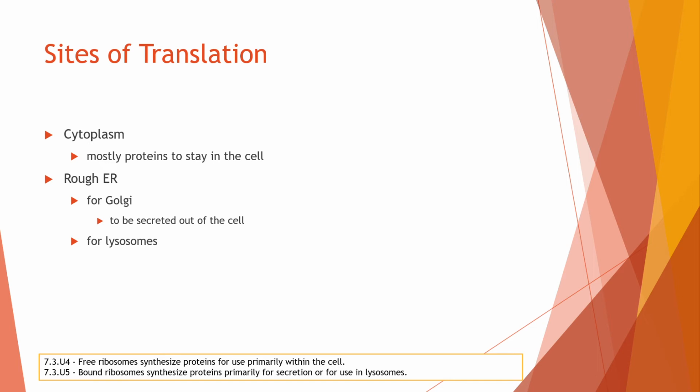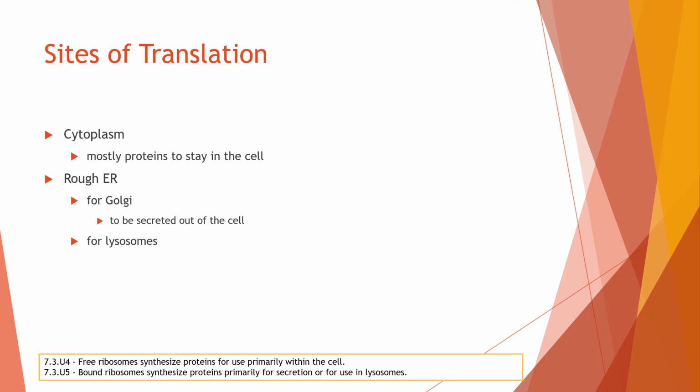But if the cell wants to produce a protein to be secreted from the cell, then the ribosome will bind to the rough endoplasmic reticulum, and then, during being produced, the protein will be stuffed into the reticulum and then sent to the Golgi apparatus and then out of the cell.